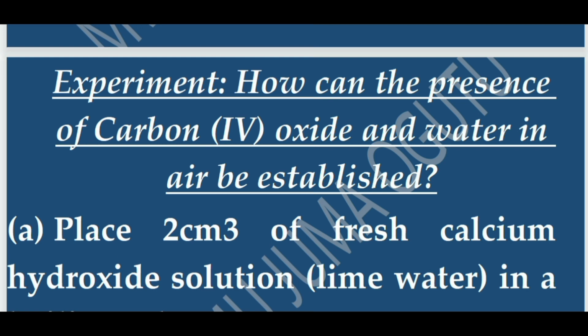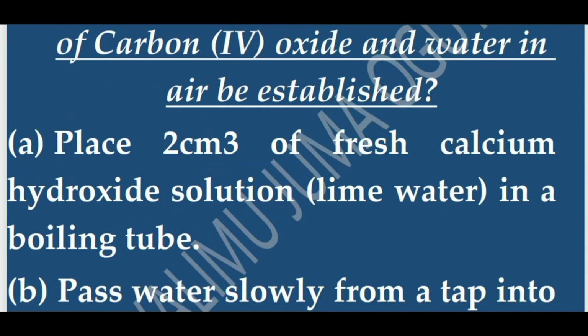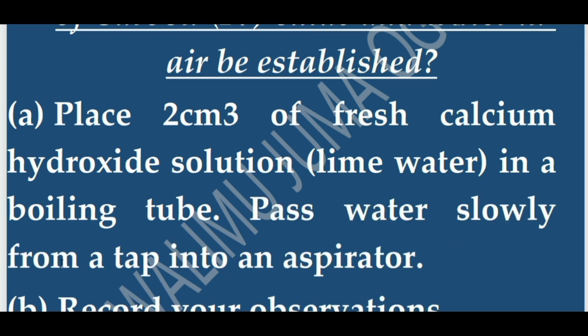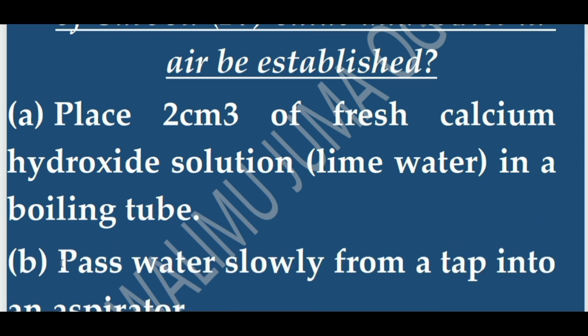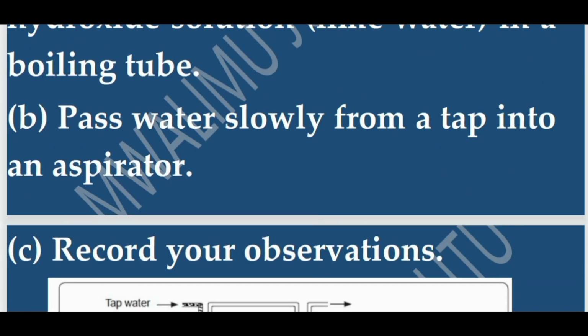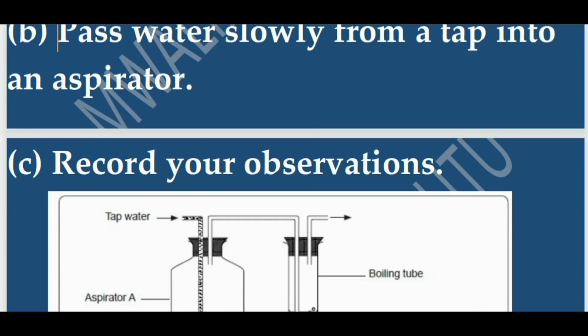The procedure: we place 2 cubic centimeter of fresh calcium hydroxide solution, also known as lime water, in a boiling tube. Then we pass water slowly from a tap into an aspirator. Then we record our observation.